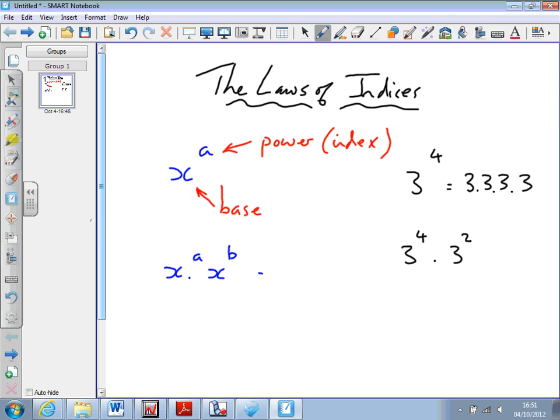And so the first law of indices is that so long as the base is the same, and that's the key, so x, then I can just add the powers, and I end up with x raised to the power a plus b. First law of indices.